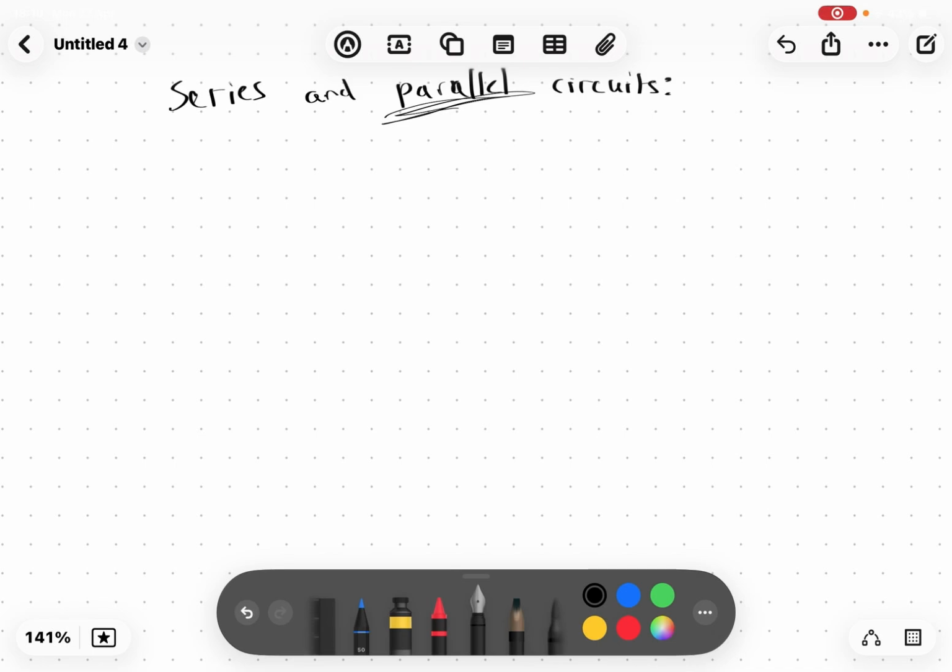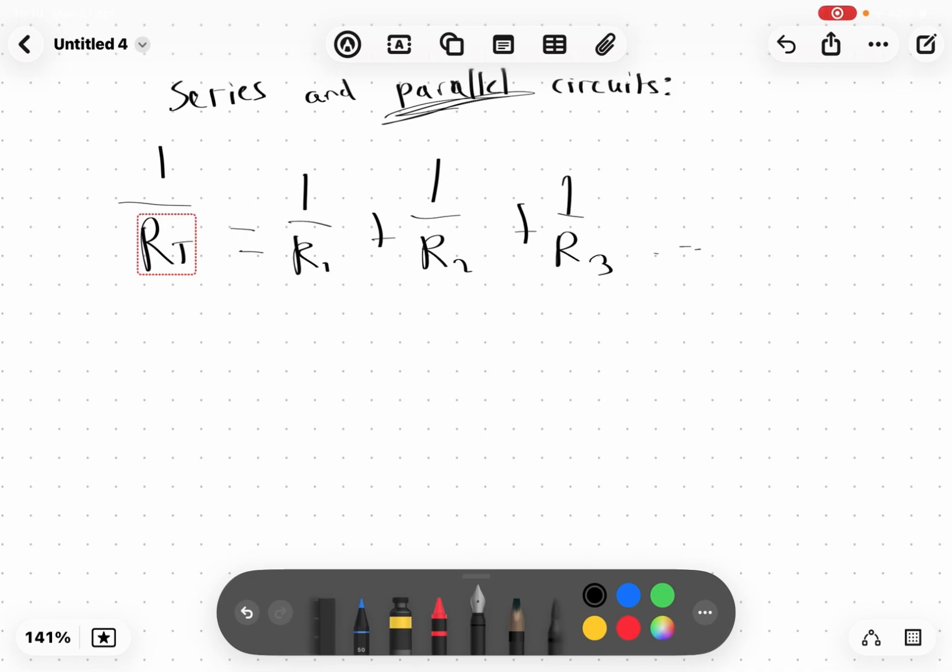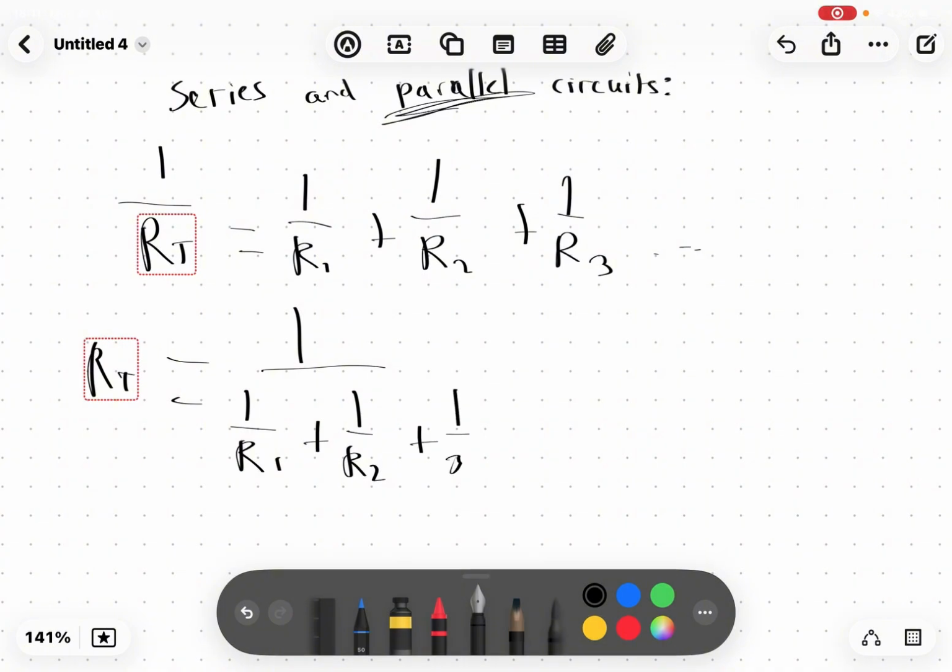So now the total current basically means 1 over RT equals 1 over R1 plus 1 over R2 plus 1 over R3, and so on. We need only the RT, so we can say that RT equals 1 over the sum of 1 over R1 plus 1 over R2 plus 1 over R3.